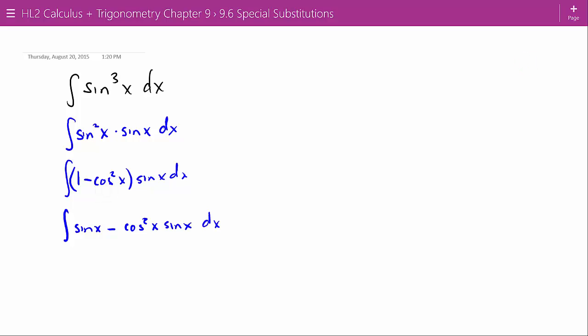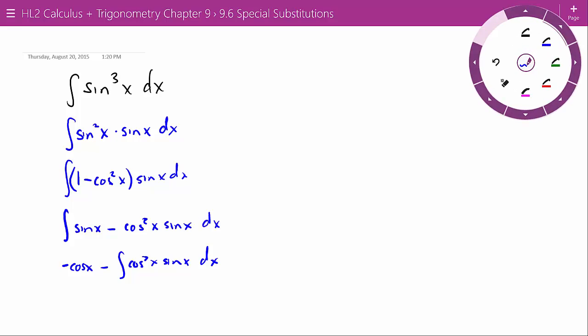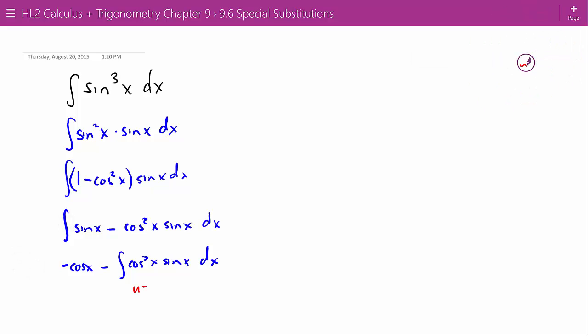And the antiderivative of sine is, well, that's pretty darn easy. That would be negative cosine x minus the integral cosine squared x sine x dx. And here we're going to use a substitution. I'm going to let u equal cosine x.